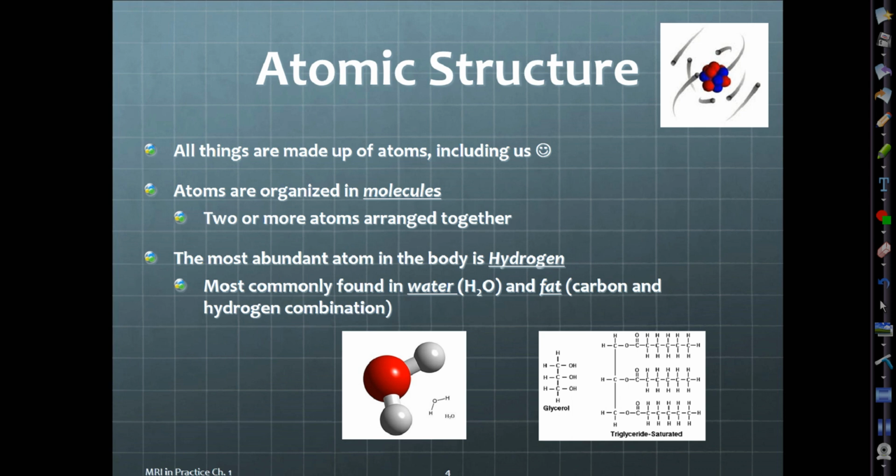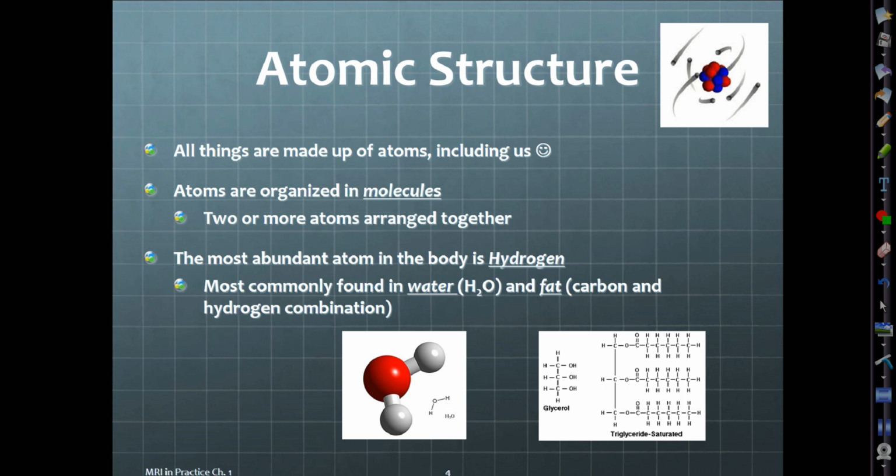All right, let's do a little bit of review. We covered anatomical structure back in the first X-ray physics course, last spring, two springs ago. So it's been a while, and this will be a good review. All things are made up of atoms, including us. Atoms can be organized into molecules, which are two or more atoms arranged together.